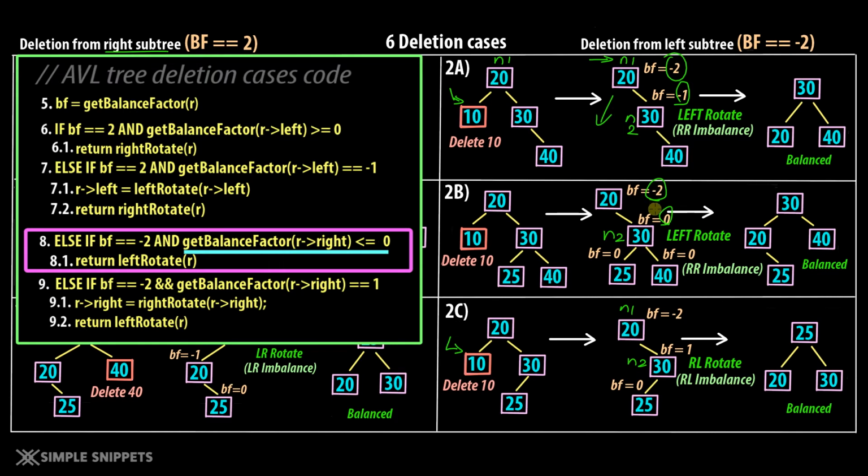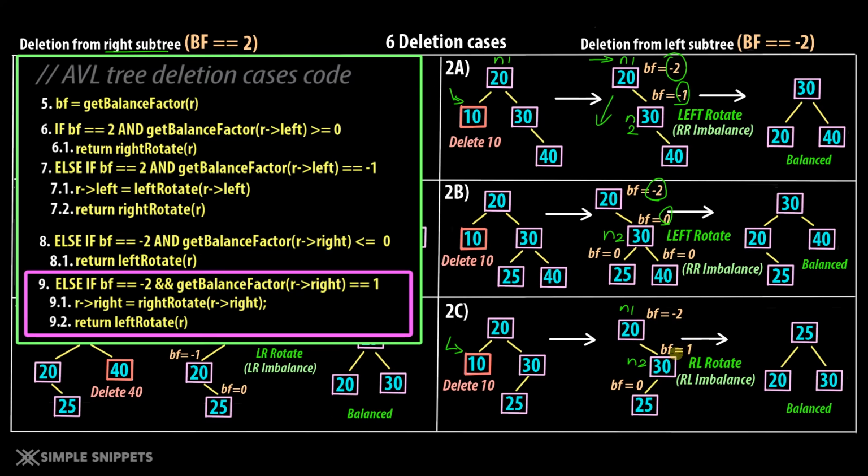Because for step number 8, the balance factor of the right child has to be less than or equal to 0. But this is 1, which is greater than 0, correct? So for that we have again point number 9, where balance factor of the root node is -2 and the balance factor of the right child of this root node is equal to 1. In that case, you can see we have a right and left imbalance. So in that scenario, we do a RL rotation, and after that you get this structure.